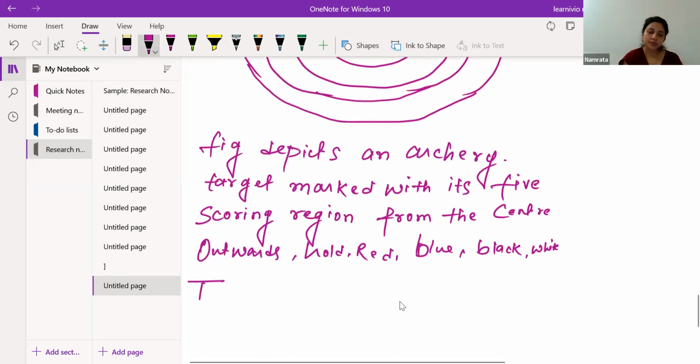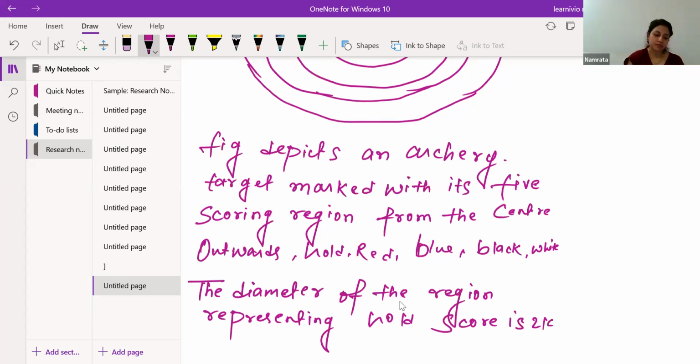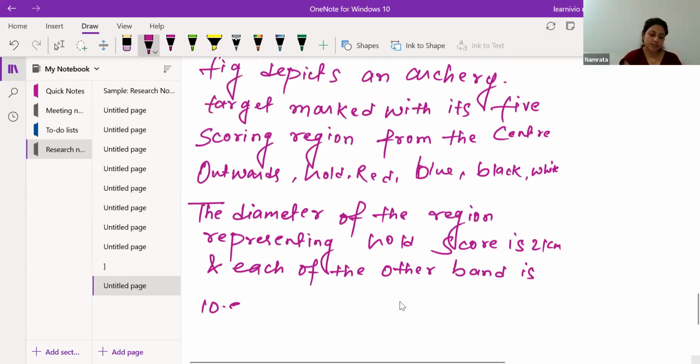The diameter of the region representing the gold score is 21 centimeter, and each of the other bands is 10.5 centimeter wide.